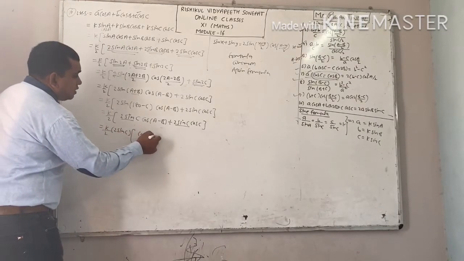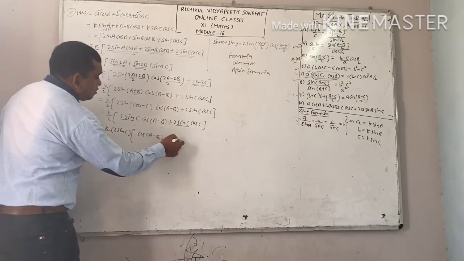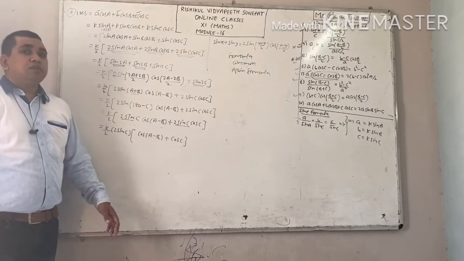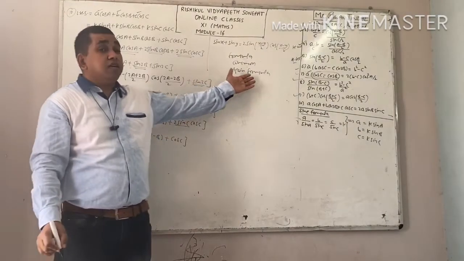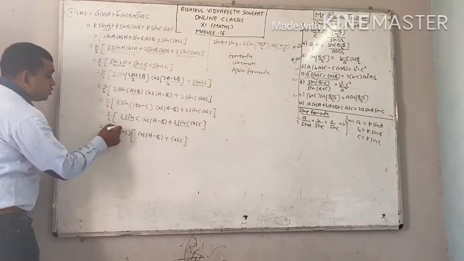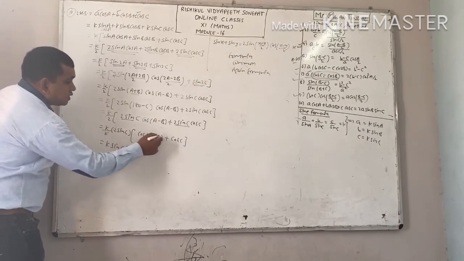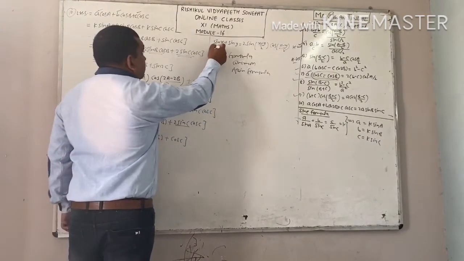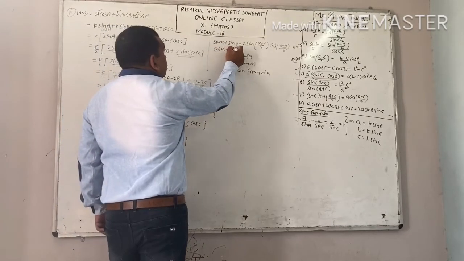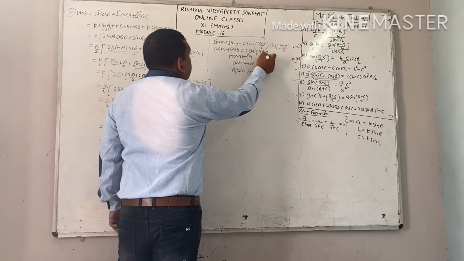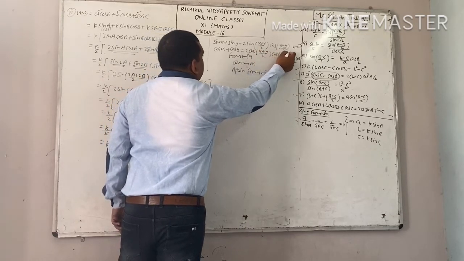Cos (A minus B) plus cos C. Now again two terms of cos are in plus. Third step, again apply the formula. This 2 is cancelled out. You will get k sin C times cos x plus cos y. You know very well cos x plus cos y is equal to 2 cos of (x plus y) by 2 into cos of (x minus y) by 2. Apply it here.